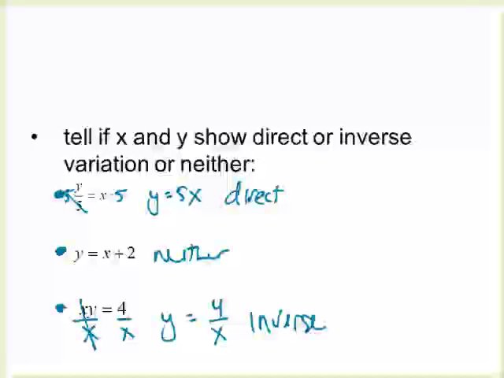Let's say, for example, as a side note, I had an equation that was something like y equals 5 over x. Is that direct, inverse? Did I say 5 over x? What I wrote is what I mean. If I had the equation of y equals x over 5, is that direct, inverse, or neither?